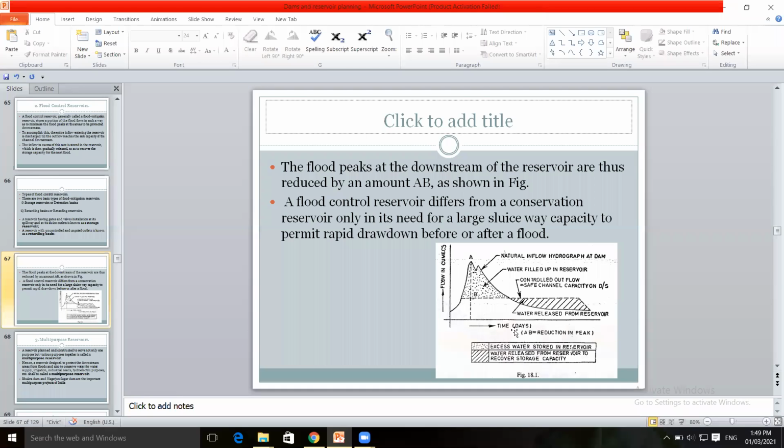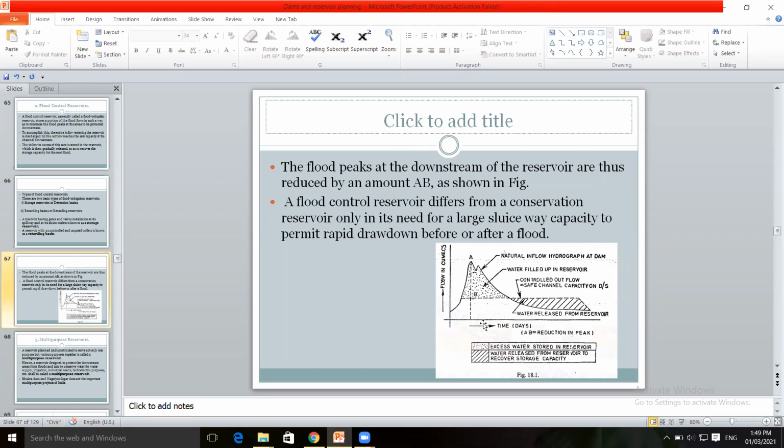On x-axis time is given, time in days, and on y-axis the flow in cumecs, meter cube per second. Cumecs म्हणजे काय, meter cube per second. The discharge is shown, flow in cumecs, the discharge of water through river in meter cube per second.